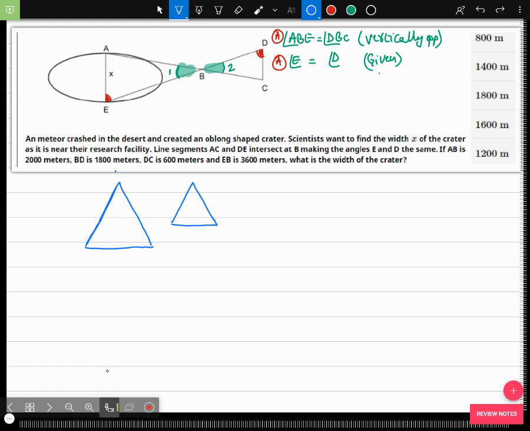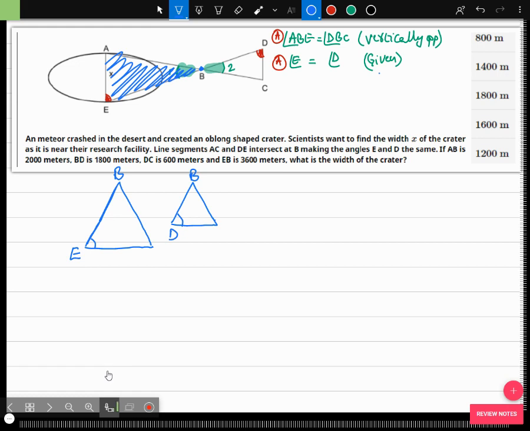So let me write in such a way that these two are at the same position. This is point B, so you cannot say angle B equals angle B. Anyhow, that I'll explain. Next, angle E equals angle D. Therefore, let me label in such a way that angle E and angle D are at the same position. Does it make sense?